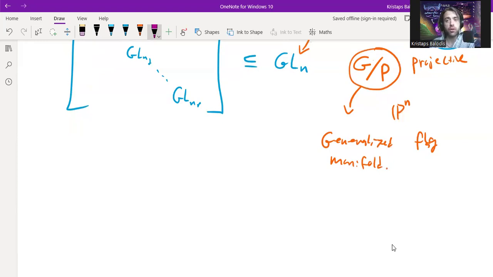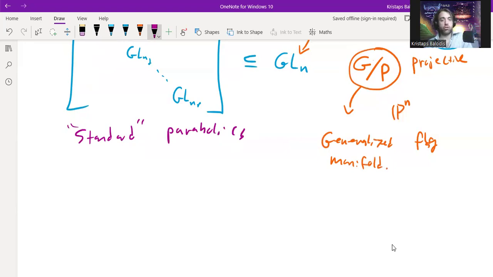But to be very explicit, in the case of GLN, first, let me describe for you the standard parabolics. Technically, this depends on the choice of Borel subgroup, but for those who know what that even means, we're going to pick the upper triangular matrices. Not going to worry about it. So let's describe whatever these standard parabolics are first.